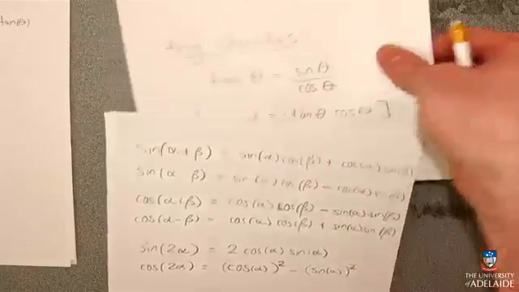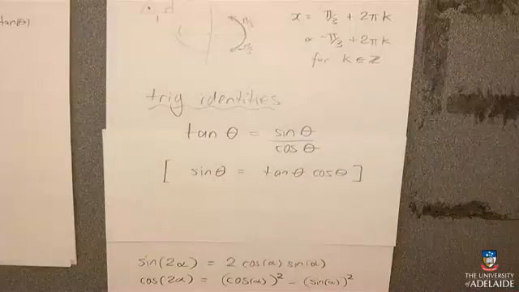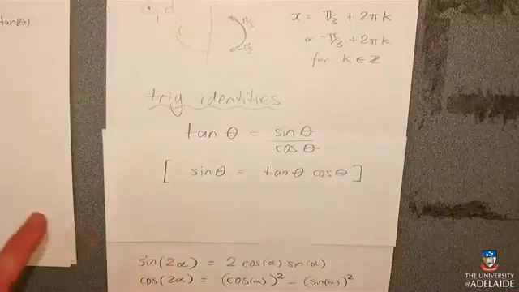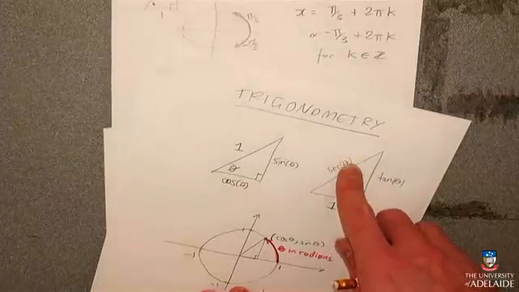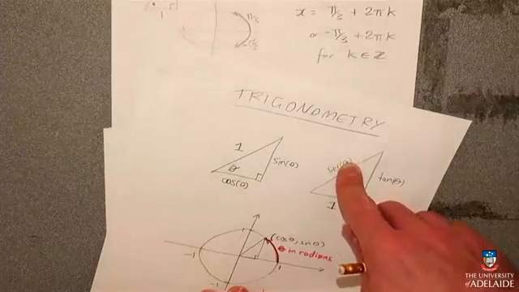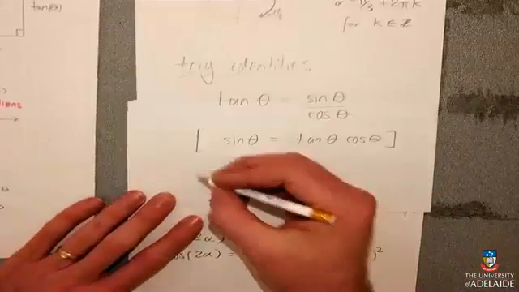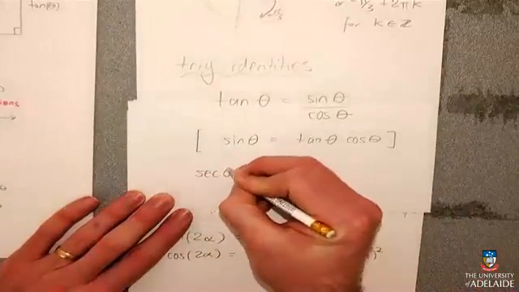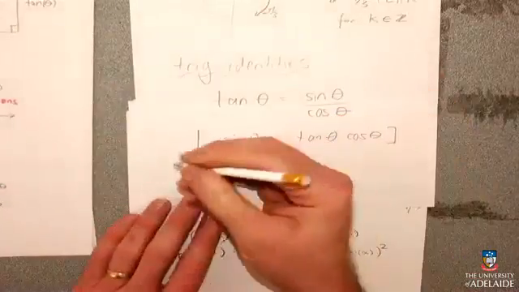You know how I said to leave space? Right at the beginning, you know how I said sec theta? Well, I need to define how that's related to the other things. I'm going to need space for 3 things here.